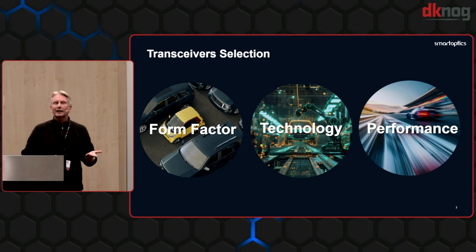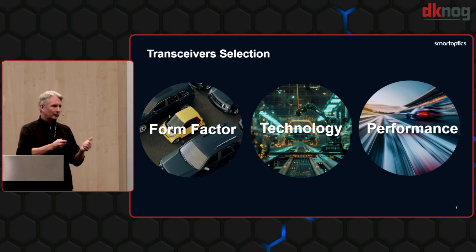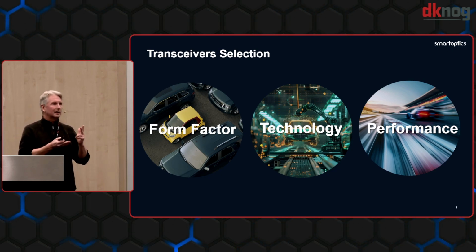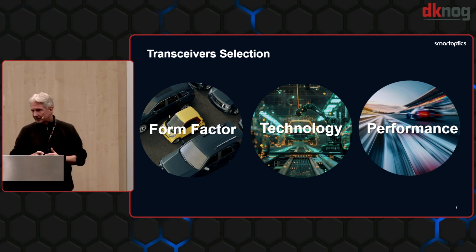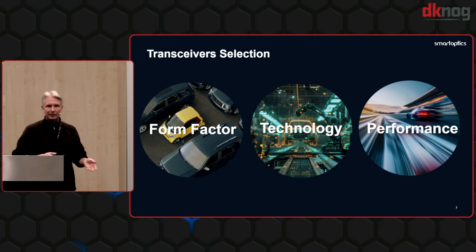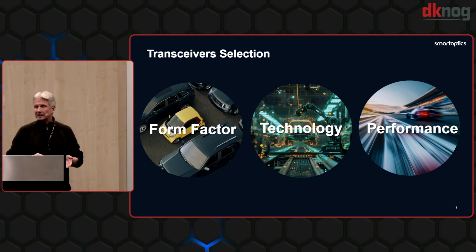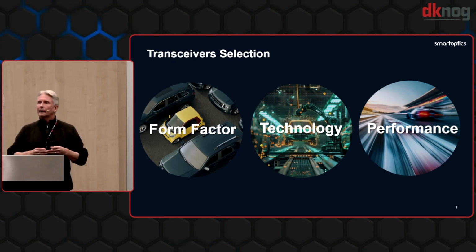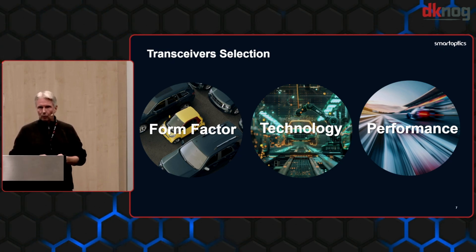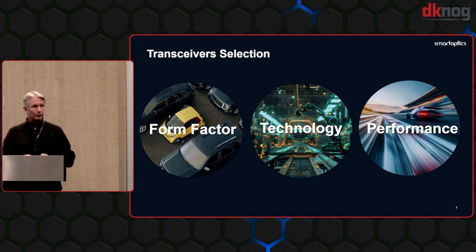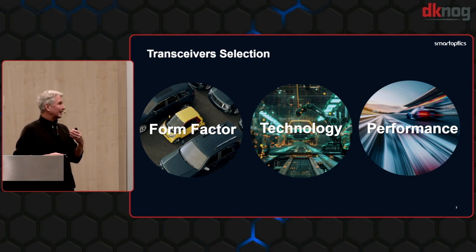But if we look back in history, there have been a number of form factors, SFP, SFP+, QSFP, QSFP28, QSFP-DD, OSFP, CFP, CFP2, and a number of others. But that's heavily affected by the router port that you have, what kind of form factor you can use.